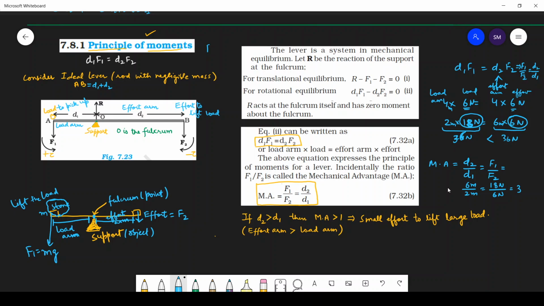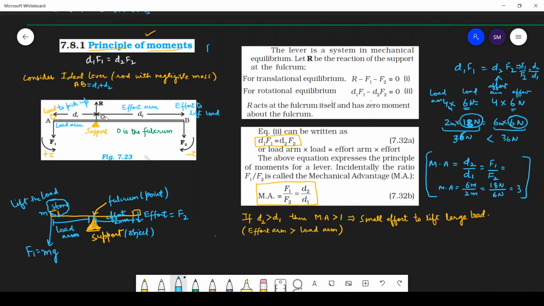So mechanical advantage has no units because the units get cancelled out, and mechanical advantage is 3. So you want the mechanical advantage to be greater than 1.